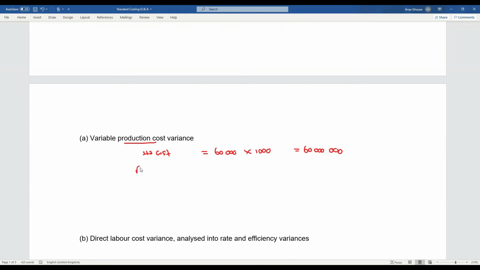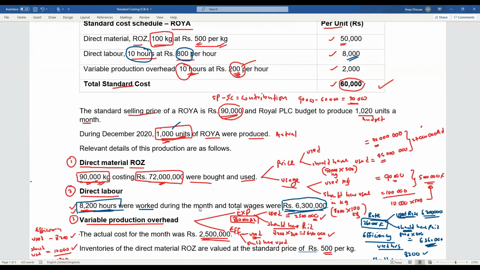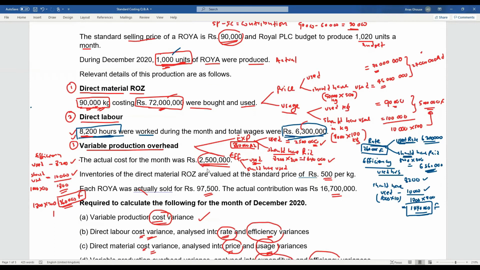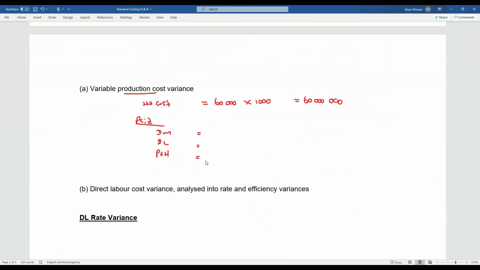Whereas we have paid, under direct material, direct labor, and production overhead variance, how much have we actually paid? You can take it from here. You are given the actual payment: direct material 72 million, direct labor 6.3 million, and variable production overhead 2.5 million.